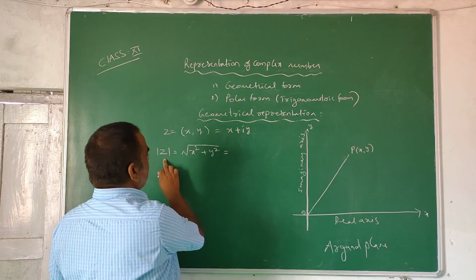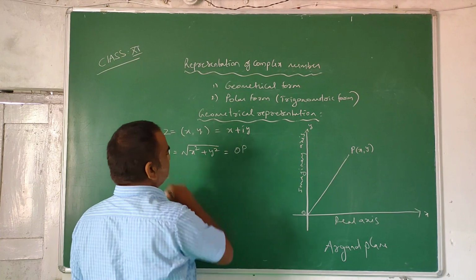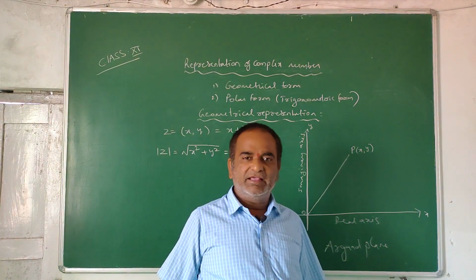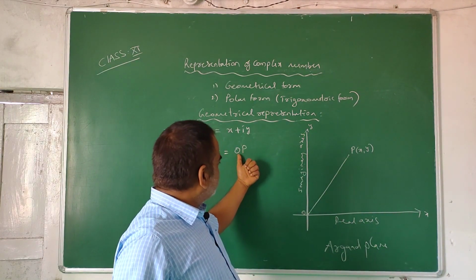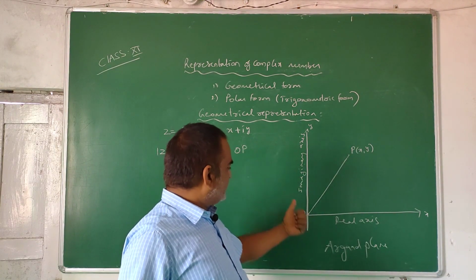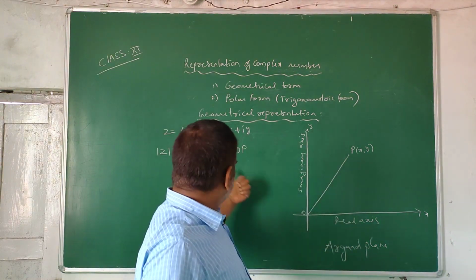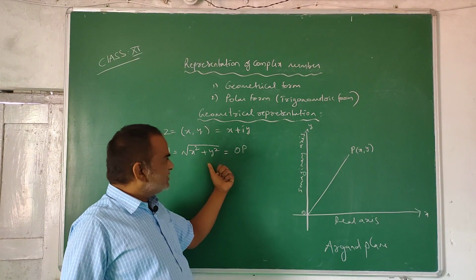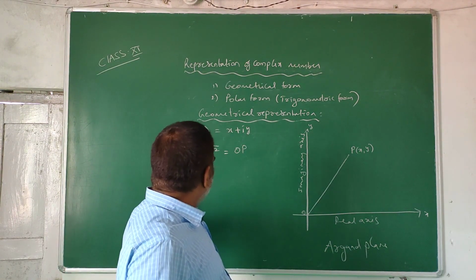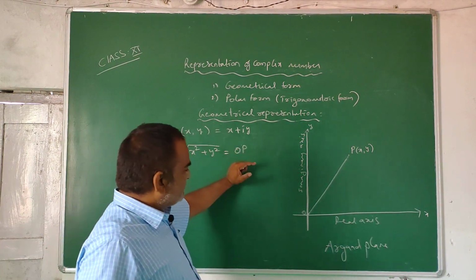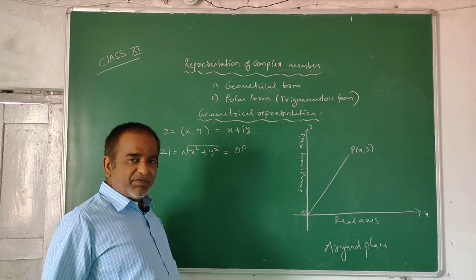So, modulus of a complex number geometrically represents the length of the line segment OP. Understood? If you use the distance formula to find the length of the line segment OP, where O stands for origin, P stands for (x, y), you get this only. So this is about the geometrical meaning of a complex number, and the geometrical meaning of its modulus.